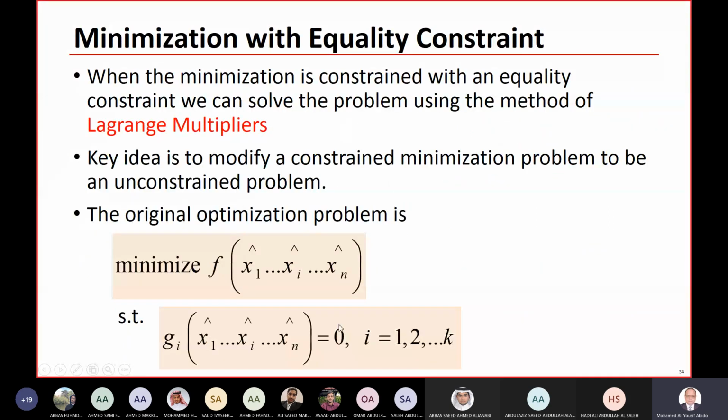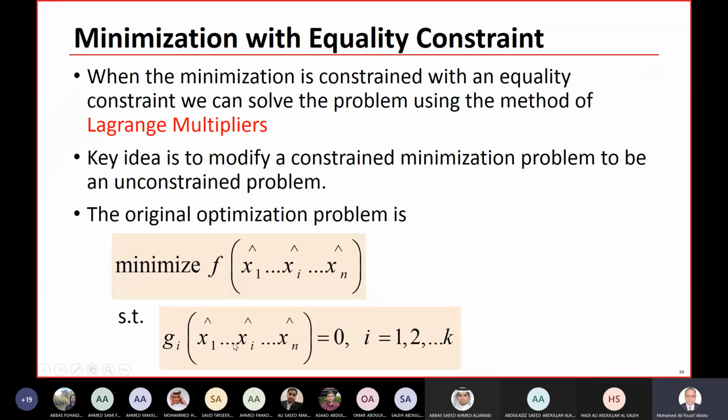Now, if we have a constraint, constraints could be equality constraints or inequality constraints. Let us start with the equality constraints. Here you have a cost function you need to minimize, but subject to, provided that the solution that you will get from here must satisfy this condition.